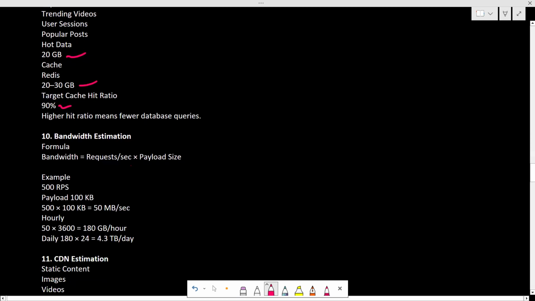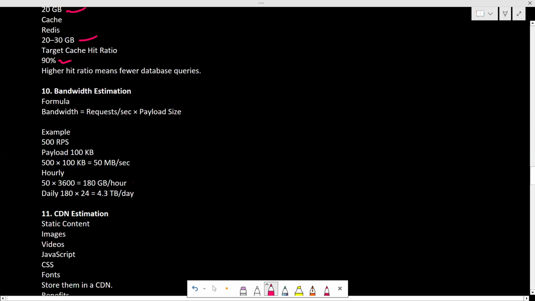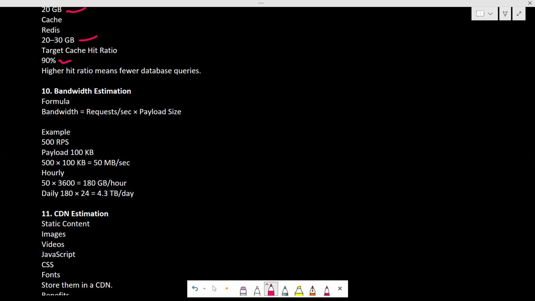Okay. After that, bandwidth estimation. Bandwidth measures how much data the system transfers over the network. So bandwidth is requests per second multiplied by payload size. Suppose your requests per second is 500 and payload size is 100 KB. If you calculate the bandwidth, that is approximately 50 MB per second.